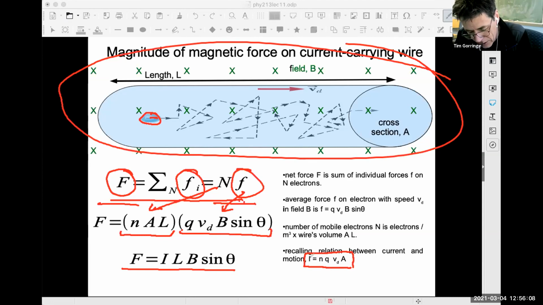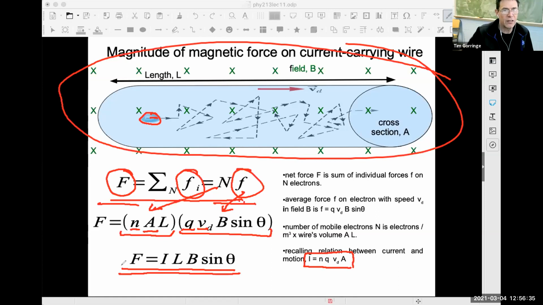It's the relationship between the electrical current in a wire and the motion of the individual electrons in the wire. So the n, the A, the q, and the drift velocity, I can collect all those together and just write them as the current. And I get this little expression here.